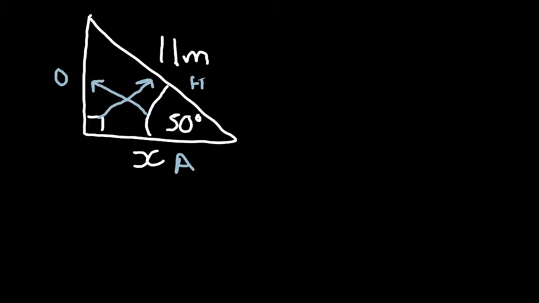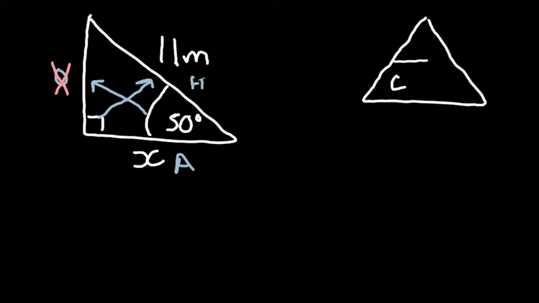So this time when I look at it, the opposite side has nothing on. So I'm thinking of a trig function that has adjacent and hypotenuse, and that is cos. And the adjacent divided by the hypotenuse. So again, this time I'm looking to find the adjacent side.